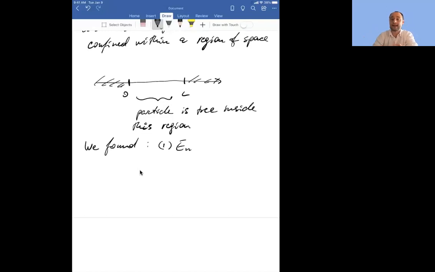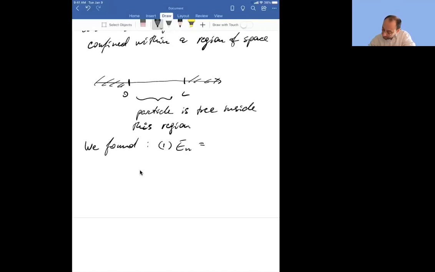That's already very different from classical physics. In classical physics, this ping, ping, ping particle can do the motion with arbitrary energy. Whatever initial kick you give it, it will keep that energy. So classically, the energy spectrum is continuous. It can have any value of energy, albeit the energy is kinetic. Quantum mechanically, it can only have a discrete set of energies. So that's the first interesting feature.